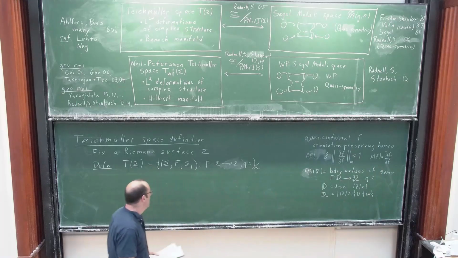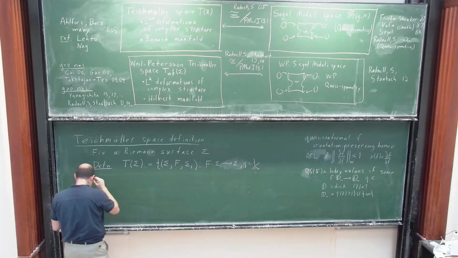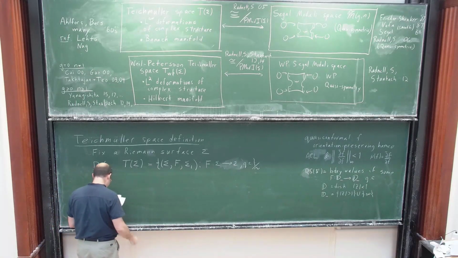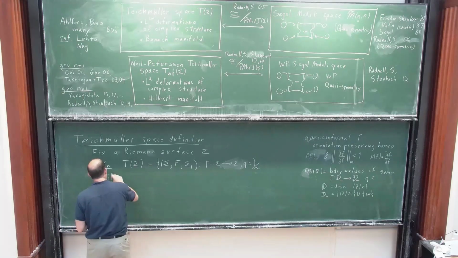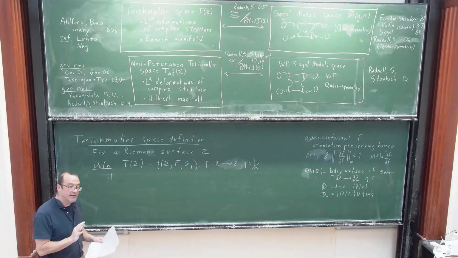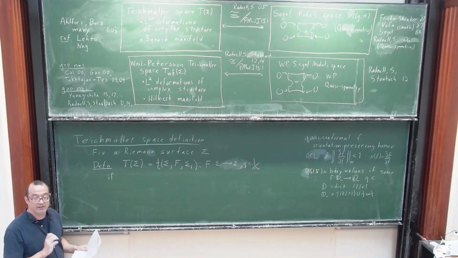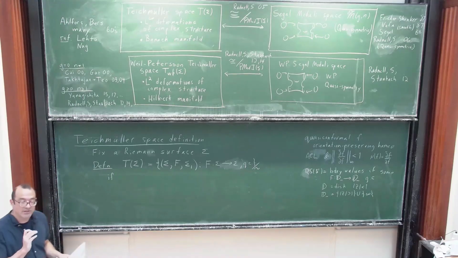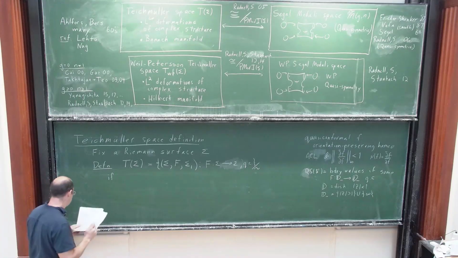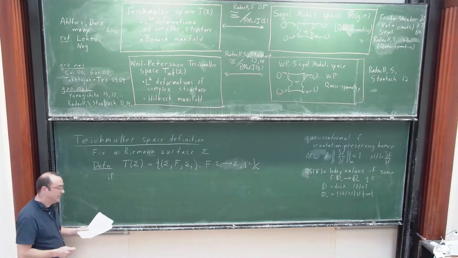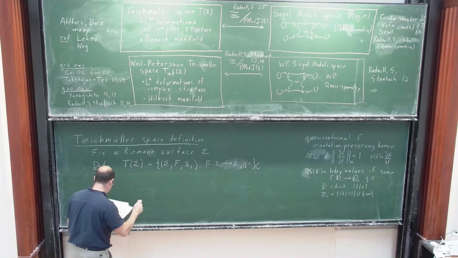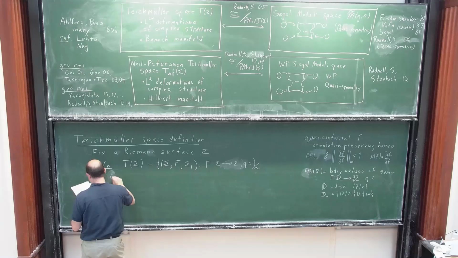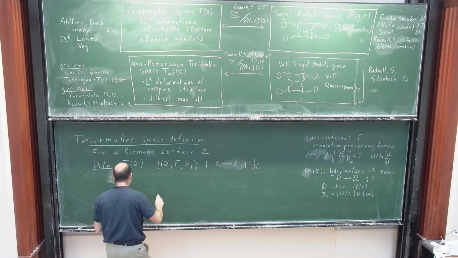So, okay, now let me give this equivalence relation. What I'm about to say is a little bit of a lie. It's just a quick definition, which is pretty close to being right. If you want to get precise, I have to introduce a bunch of things about Fuchsian groups, but I just want to say it kind of directly. So we have two cases that'll occur. It's enough for the intuition in this talk.